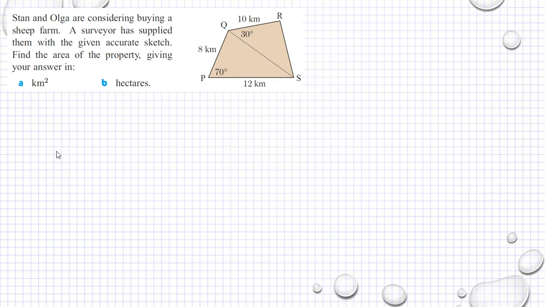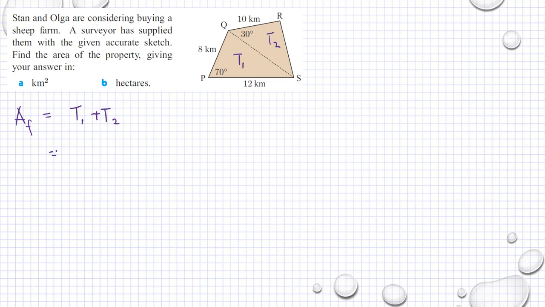So we have area of the farm is equal to triangle 1 plus triangle 2.